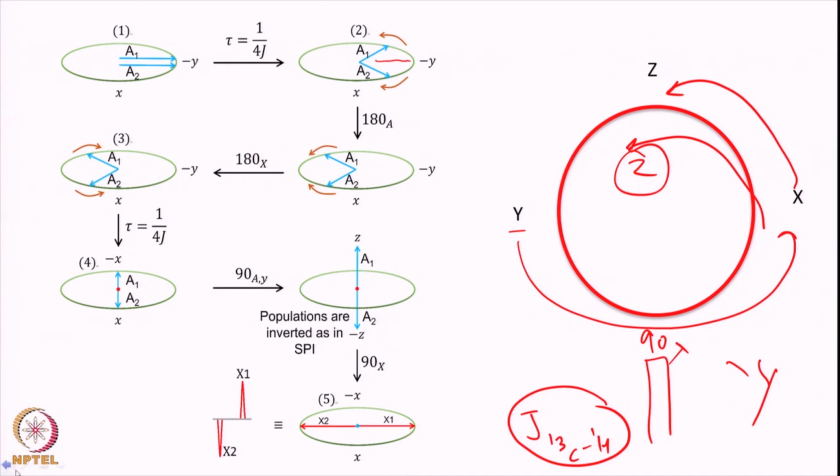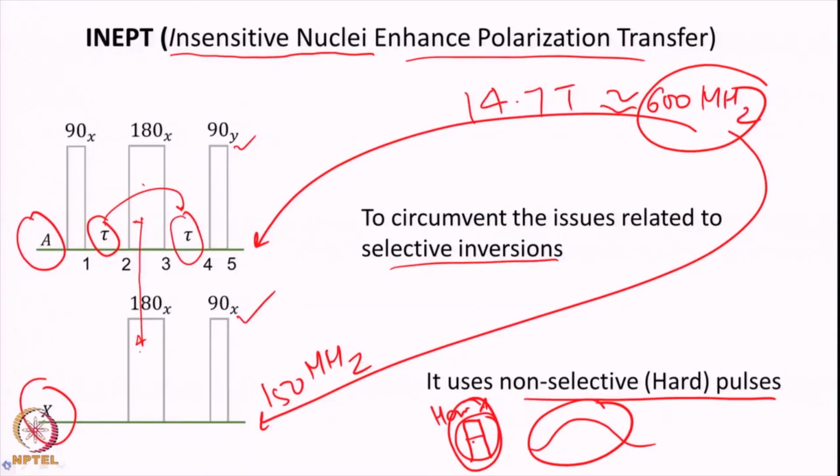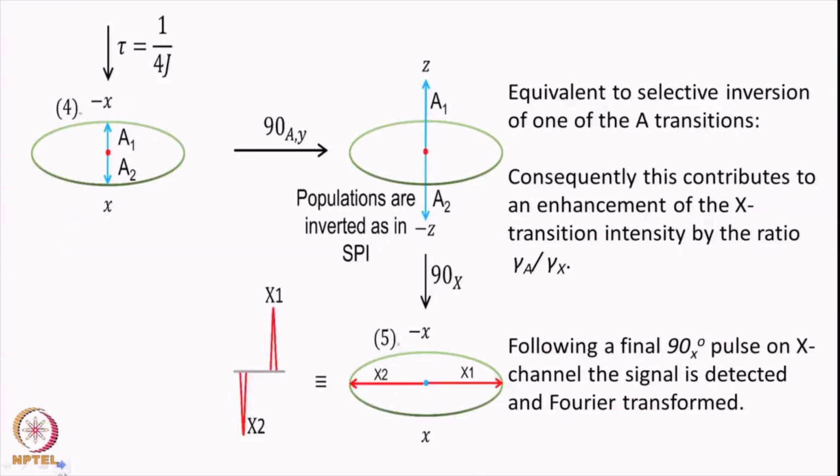So we now have an enhanced signal for the X spin, with the only caveat that both transitions have opposite sign, but their signal has been enhanced. That is how in INEPT you enhance the signal for the X spin, using the pulse sequence 90 tau 180 tau 90 90.